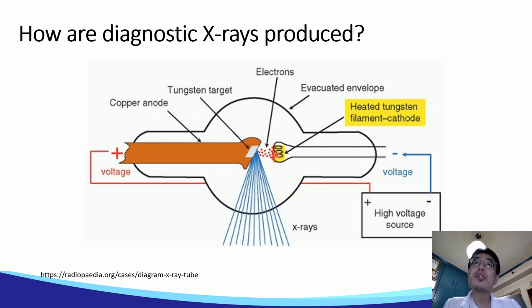The electrons are attracted to go towards the left side, which is the anode, because the anode is positively charged. And we recall in physics that opposites attract. When the negatively charged electrons hit the positively charged anode, X-rays are produced.